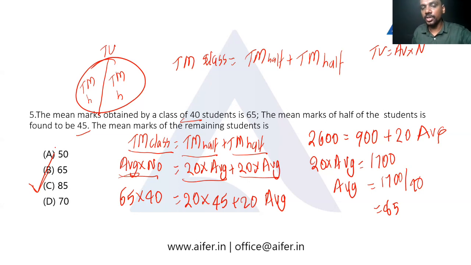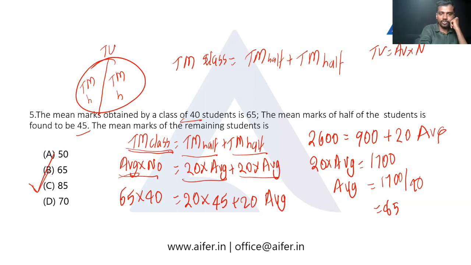In this particular question, we are using the concept of total value. The total value of marks scored by the total students in a class will be equal to the total value of marks scored by the first half plus the total value of marks scored by the second half. The equation for total value is average into number of observations.